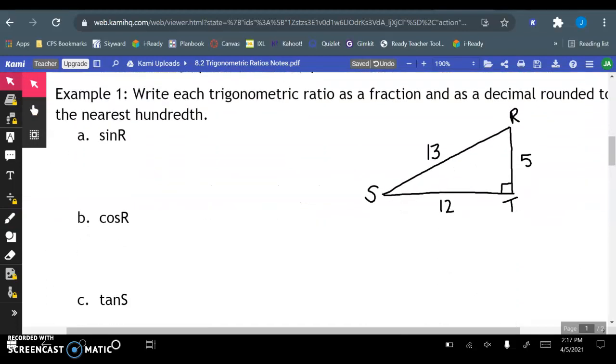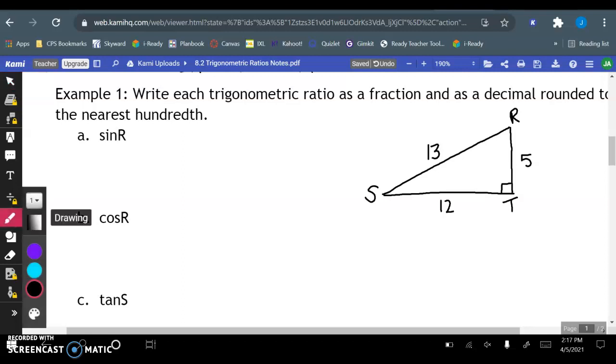So example 1 here, we're going to use this triangle off to the side, and we're going to write a trigonometric ratio as a fraction and as a decimal rounded to the nearest hundredth. So the sine of R, so remember sine is the SOH, so that means opposite over hypotenuse.